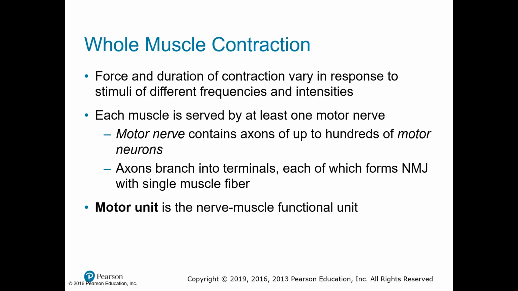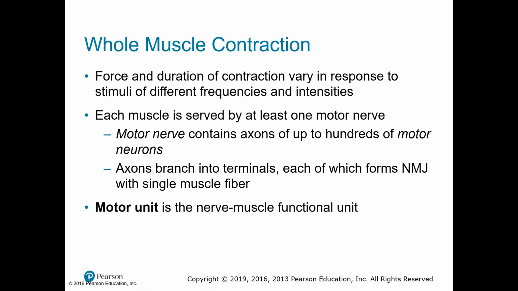So how do you have a weak muscle contraction or a strong muscle contraction? It depends on how many muscle cells you're firing, how many are being stimulated and used to do the job. Are you using enough muscle cells to do the job, or are you using too many?